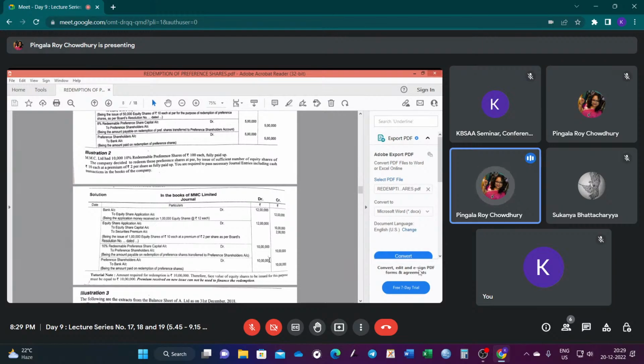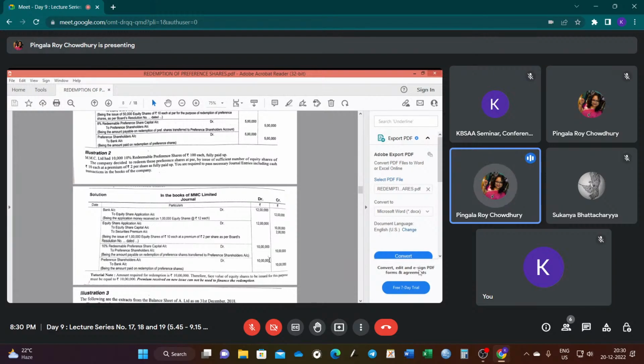Now we need to understand what will be the amount of preference shares redeemed. We need 10,000 into 100. We have to redeem 10,000 preference shares at rupees 100, so 10,000 into 100 will be 10 lakh rupees. We need a total of 10 lakh rupees for our redemption.